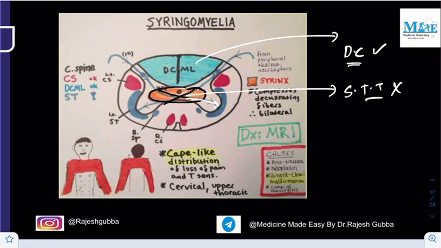And because syringomyelia is more common in the cervical area, the sensory loss will be in the form of a cape-like distribution. That is like a shawl-like distribution, mainly over the shoulders as well as the arms. And in the sacrum, there will be sacral sparing.